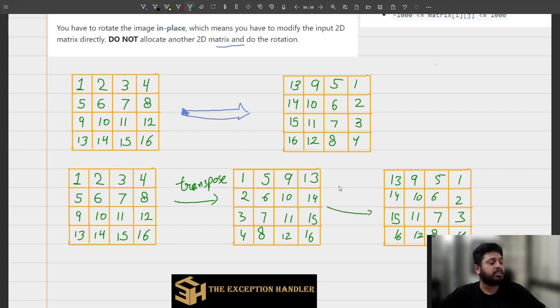This is reversing each row. Now if you compare these two matrices, aren't they the same?